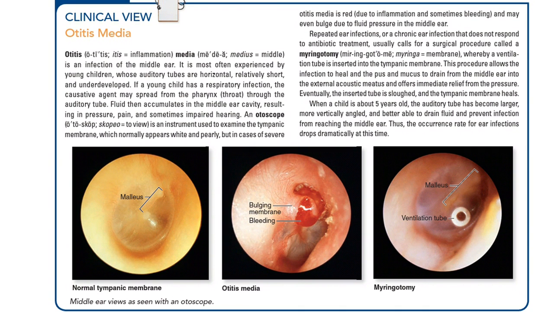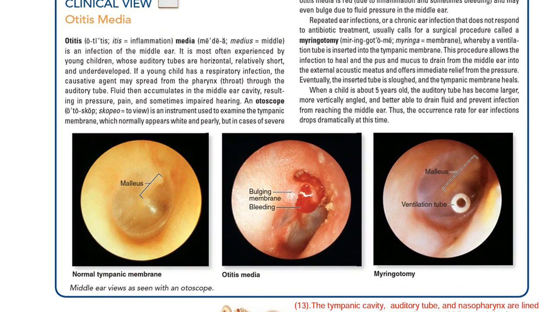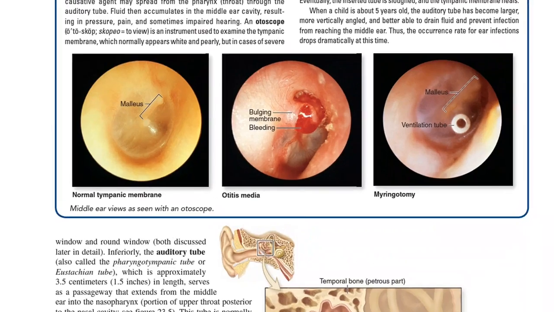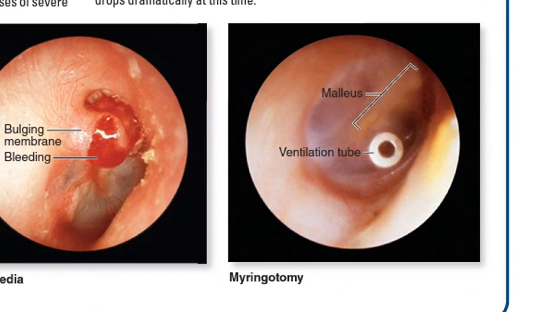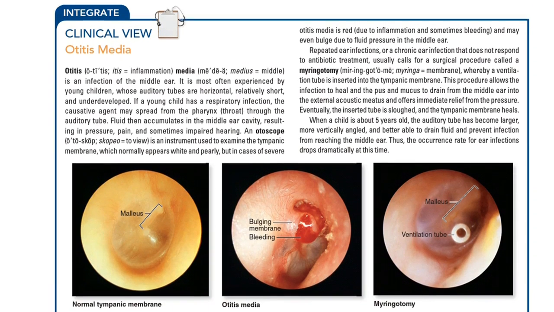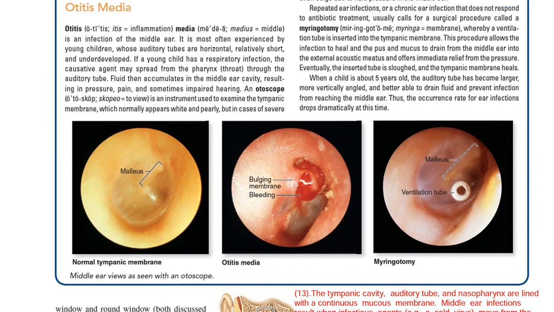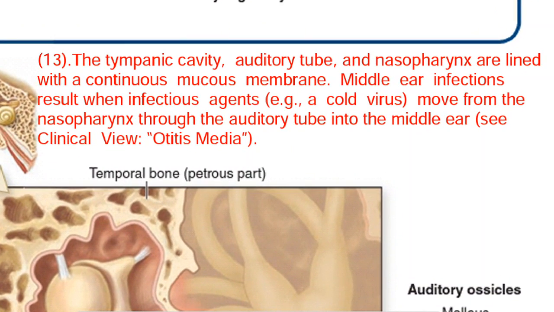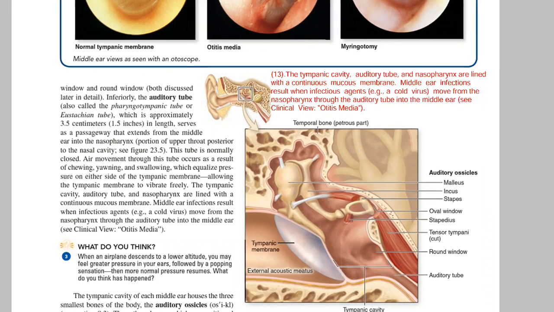But if you are interested, you can read about what otitis media and myringotomy are. So in short, infectious agents from the nasopharynx can travel through the auditory tube and infect the middle ear.